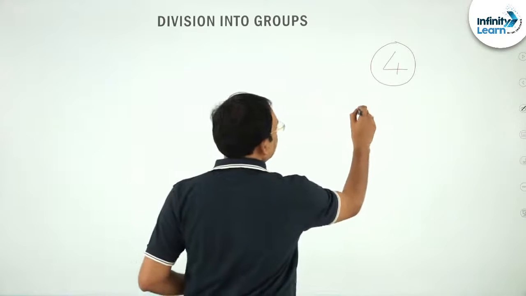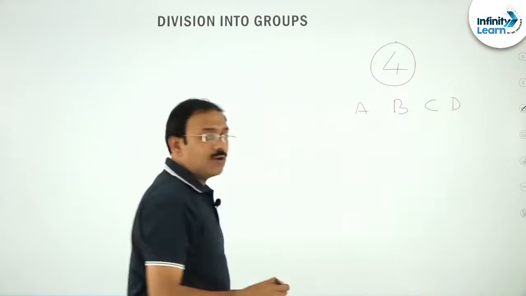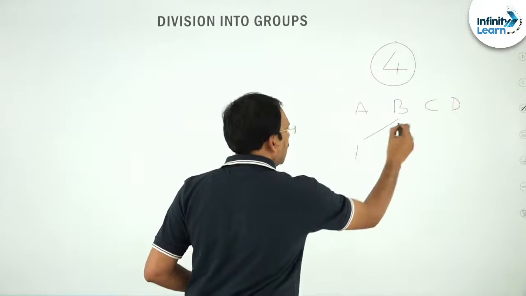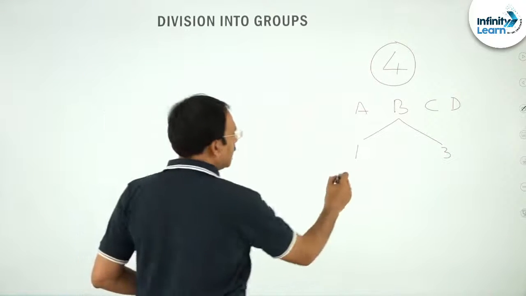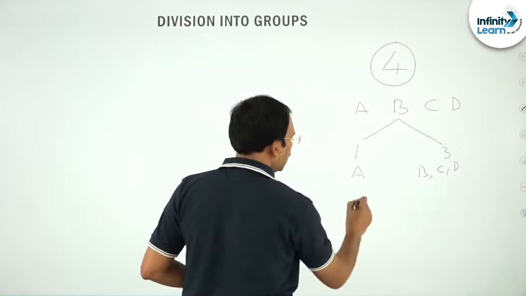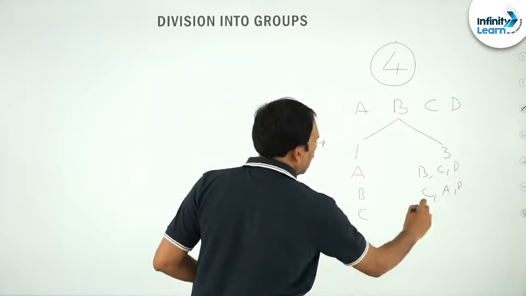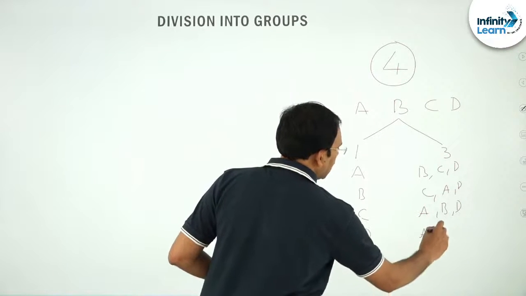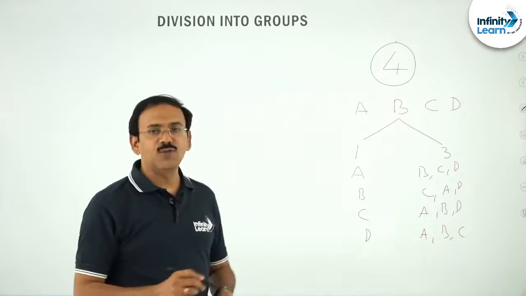Suppose the 4 objects are A, B, C, D. I want to divide them into groups such that one group contains 1 and the other group contains 3. The groups are: A with BCD, B with ACD, C with ABD, and D with ABC. Exclusively, friends, we can divide in 4 ways.